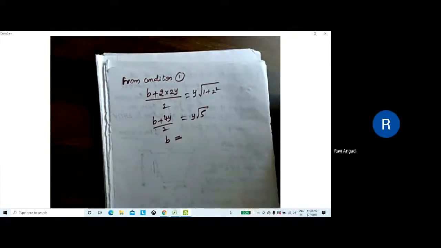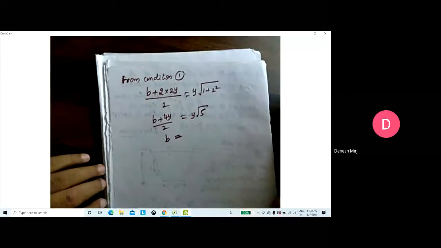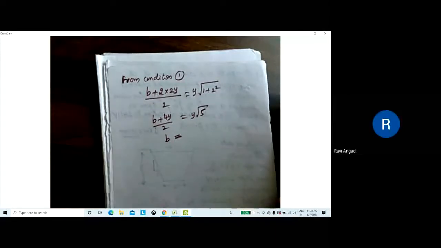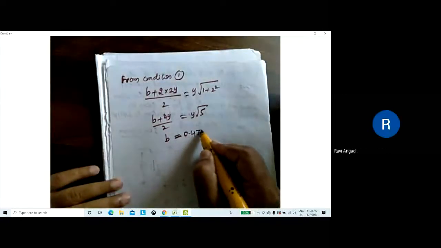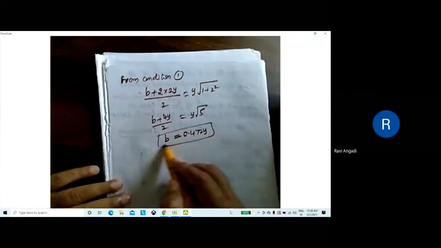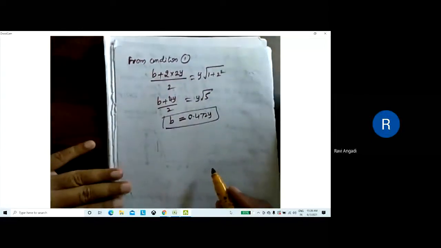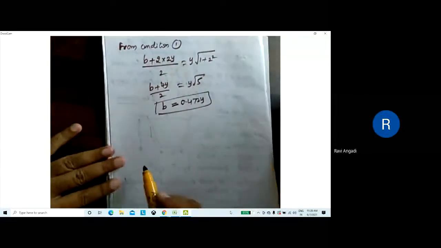Tell me the answer fast. 2Y root 5 minus 4, sir. Don't leave it as root 5; convert it in the calculator. 0.472Y. Can't you tell that 0.472Y in terms of Y?